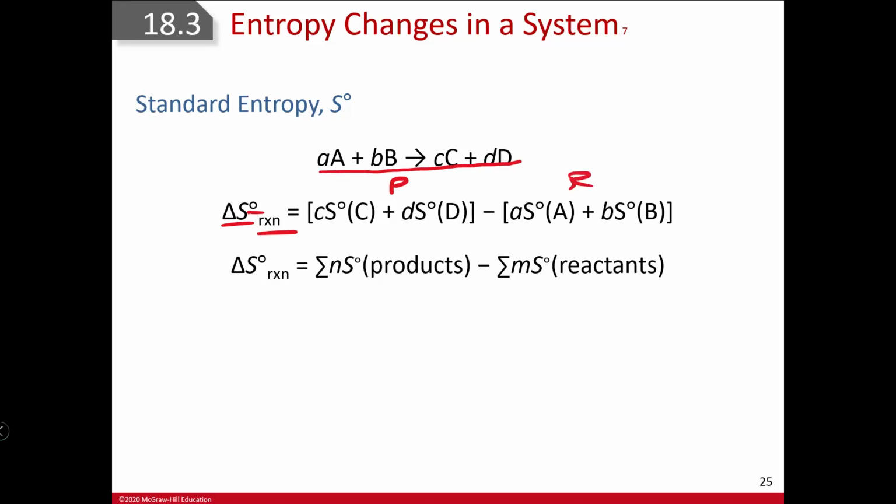You multiply the coefficient in front of C by its entropy, then multiply the coefficient in front of D by its entropy, which you find in a table, and then you subtract the coefficient times the entropy of reactant A and the coefficient times the entropy of reactant B.